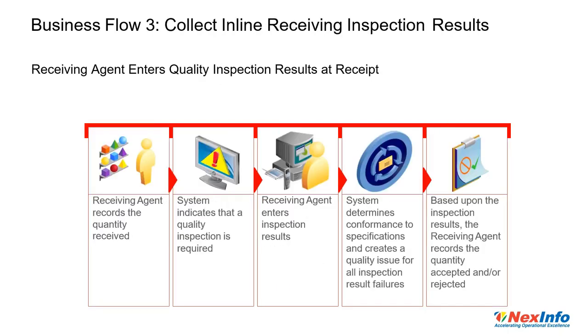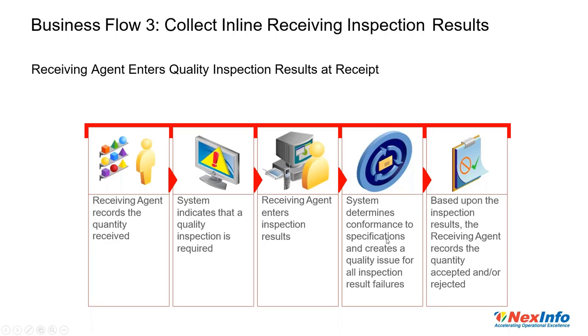The third case, which they always do, is collect inline receiving inspection results. The receiving agent records the quantity received. As soon as the system is hooked up with the quality management module, it will indicate that the quality inspection is required. Then the receiving agent or the inspecting agent needs to enter the inspection results.